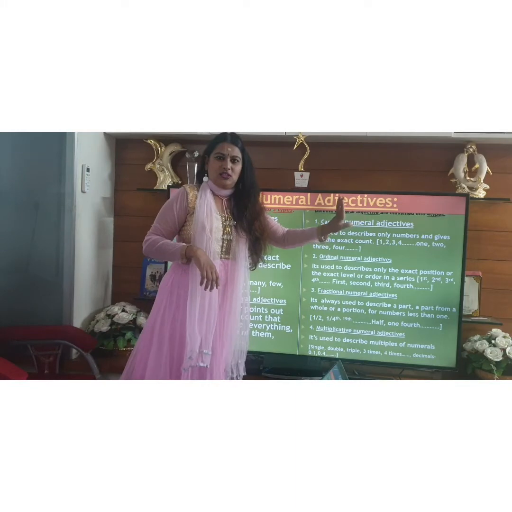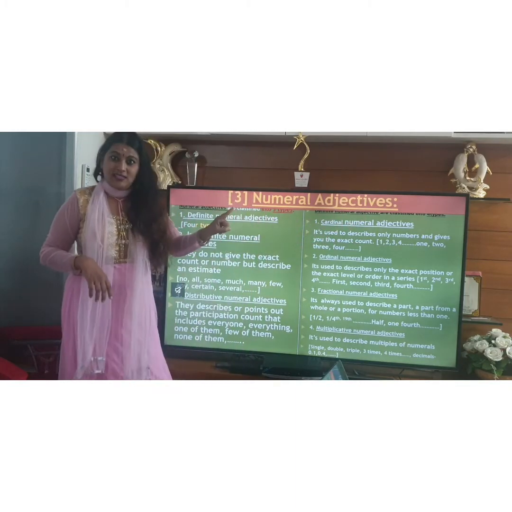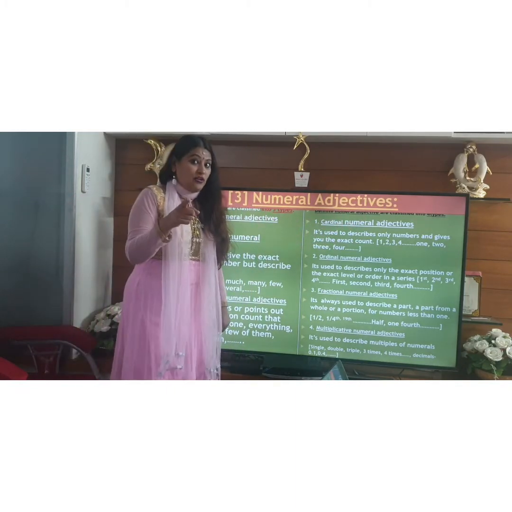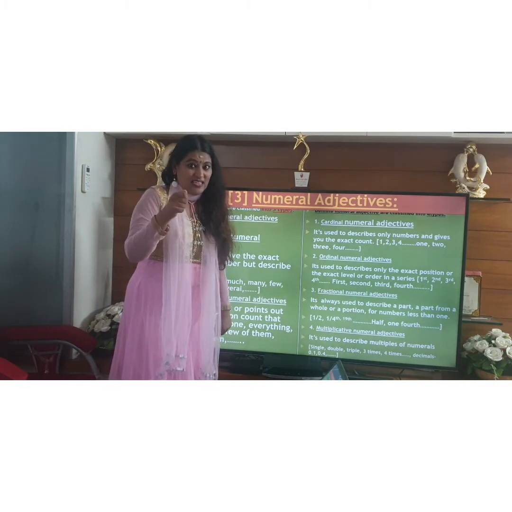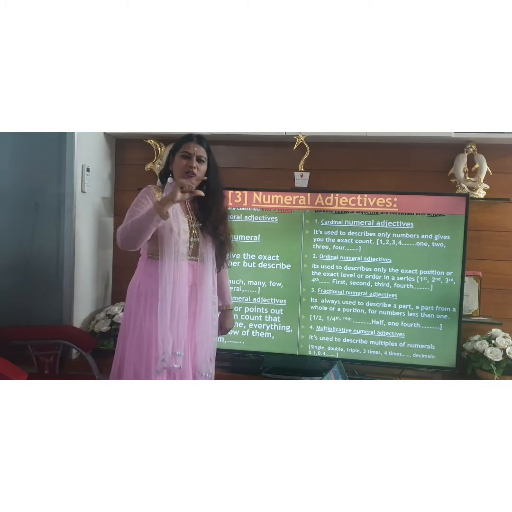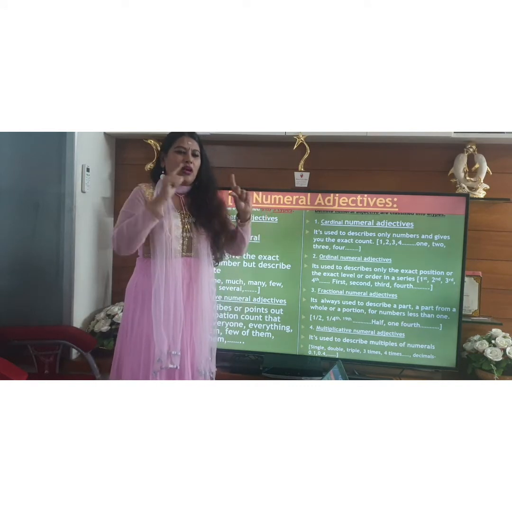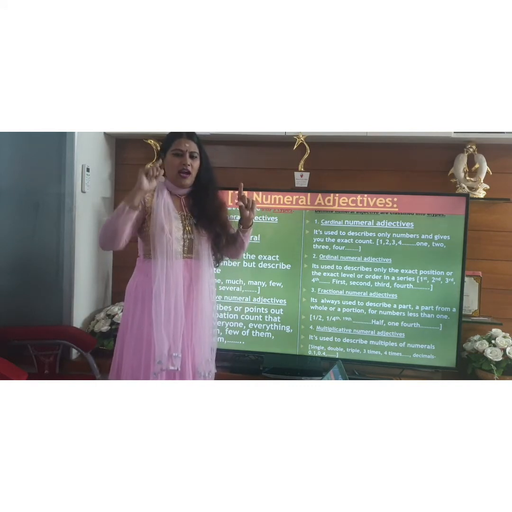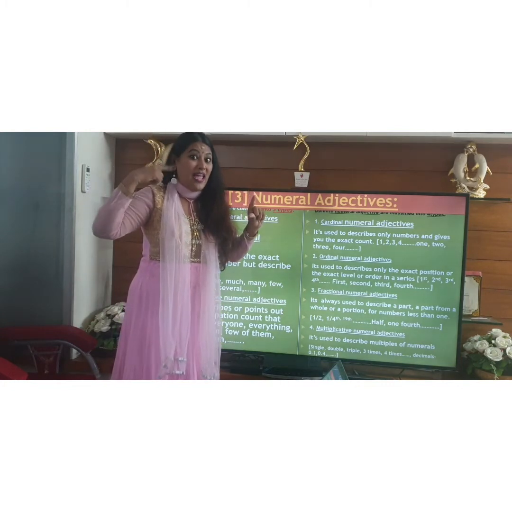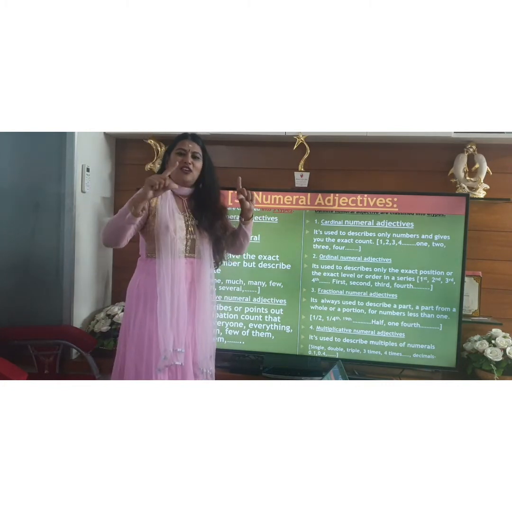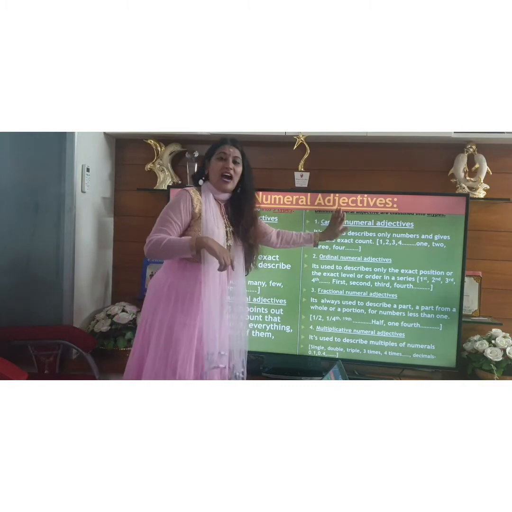Cardinal numeral adjective. Didn't I promise you that I'm going to give you question keys? The moment you read cardinal numeral adjective, your brain should ask a question. The key question I'm going to teach you: cardinal numeral adjective, what is this? C-A-R.